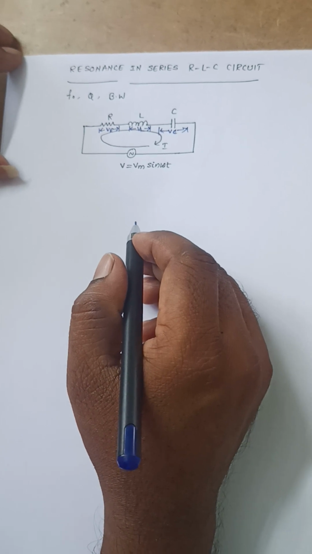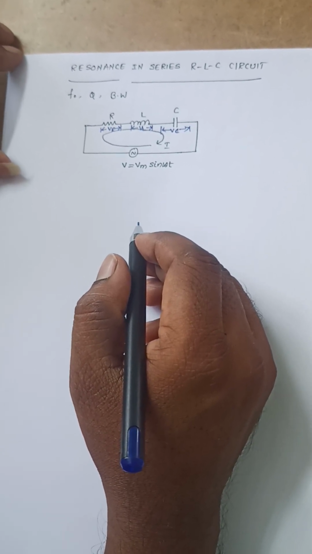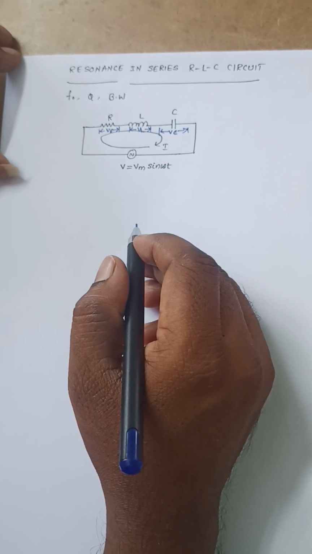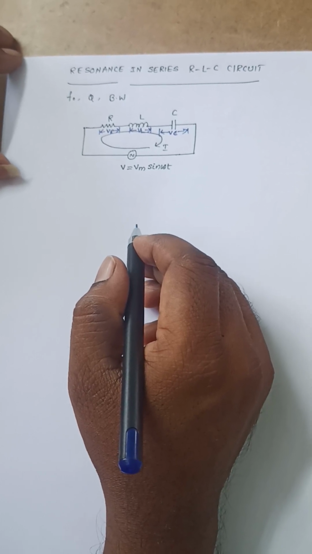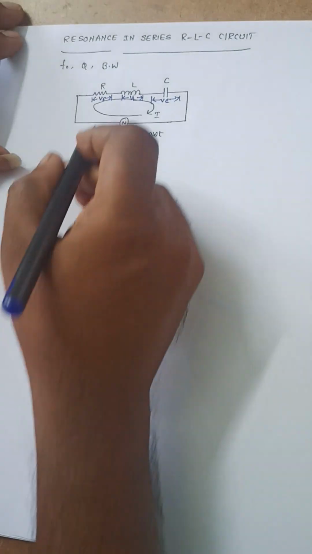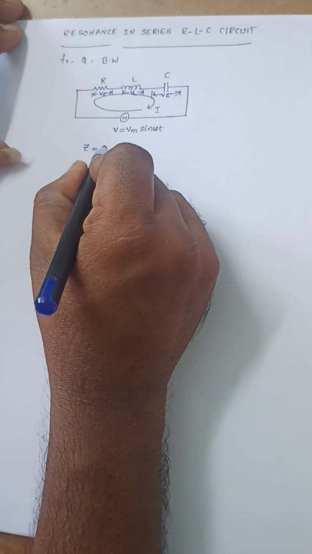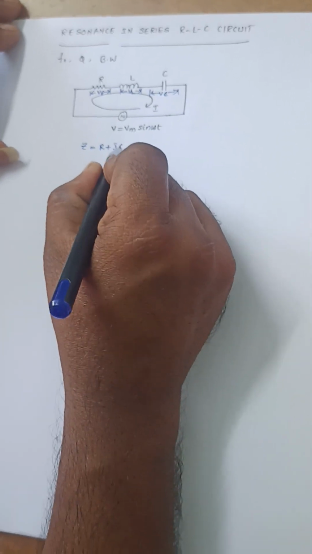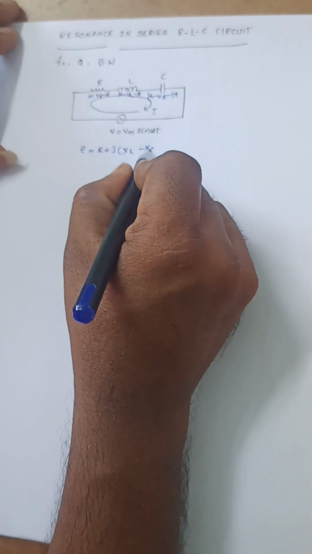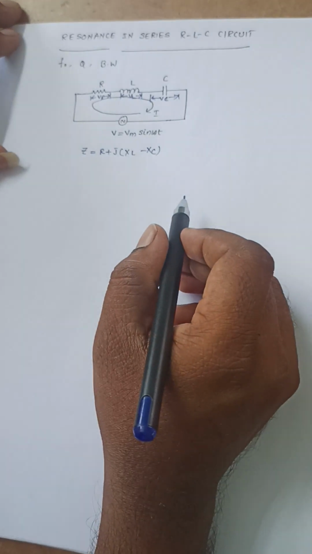Now, what is the definition of resonance? It is a phenomenon in which the reactive components of the impedance or admittance get cancelled. That means I need to write the impedance for the series RLC circuit: Z = R + j(XL - XC).